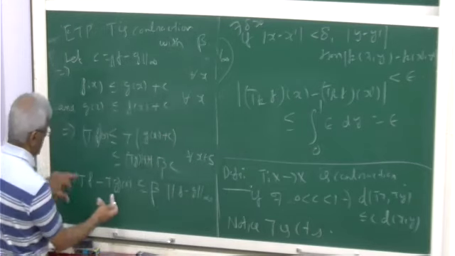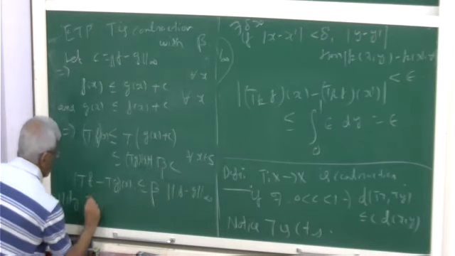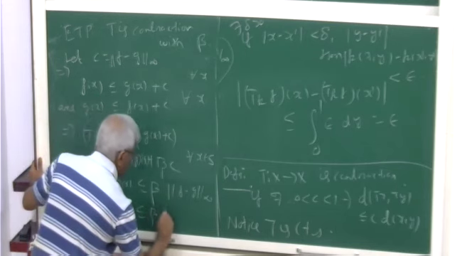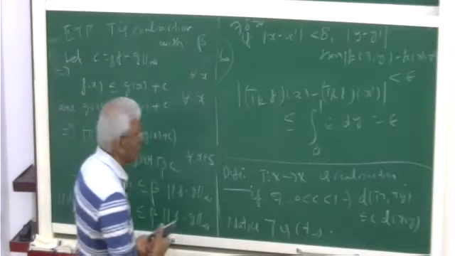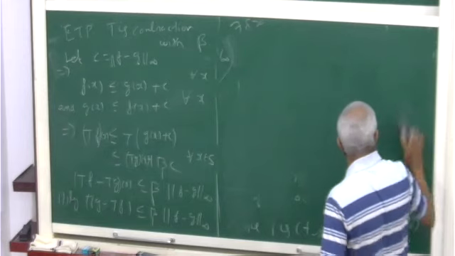And similarly, Tg minus Tf is less than or equal to beta times the norm of f minus g infinity, for all x. So this is what we want.